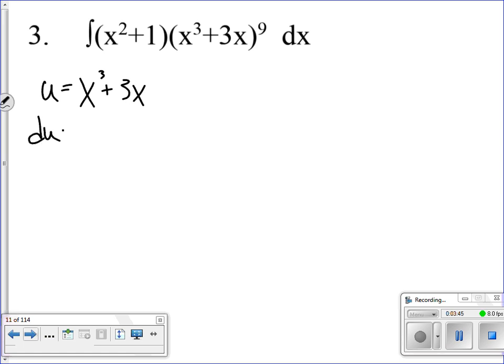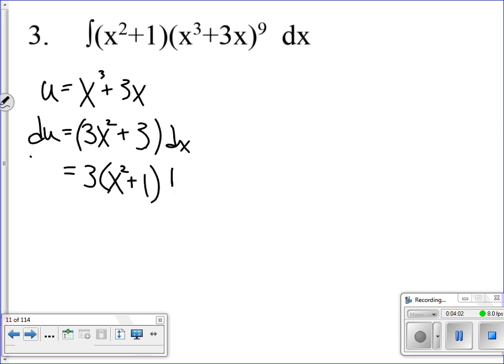Du equals 3x squared plus 3 times dx. Now, I always say you need all the factors of du in your problem. This is not completely factored this time, so let's just factor out the 3. And when we do that, we see that we are missing a factor of 3. So I'm going to put the 3 in anywhere you want after the integral sign, and the 1/3 on the outside.